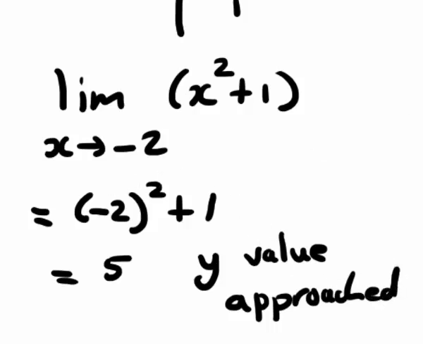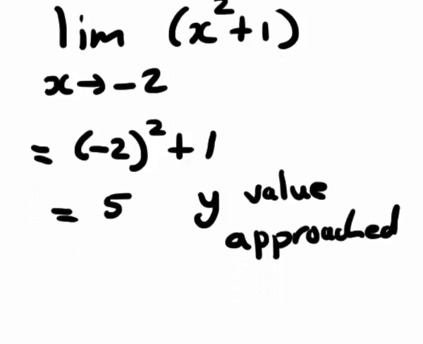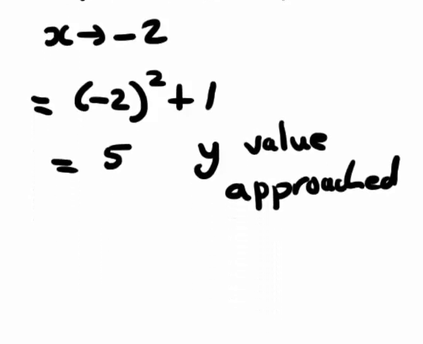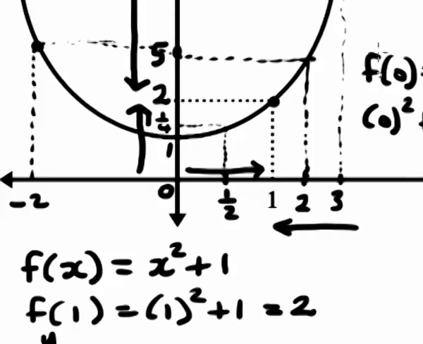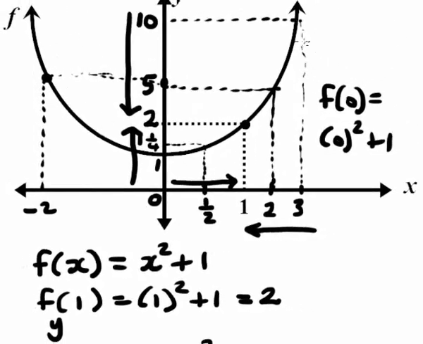It's very simple, this. And even if you don't really connect with the graphs, don't worry. Just know that you need to substitute that in, and there you go. The limit is the y value approached as x approaches -2. So that's an important thing. As we approach a selected value of 2 or -2, we look for the y value by subbing in.